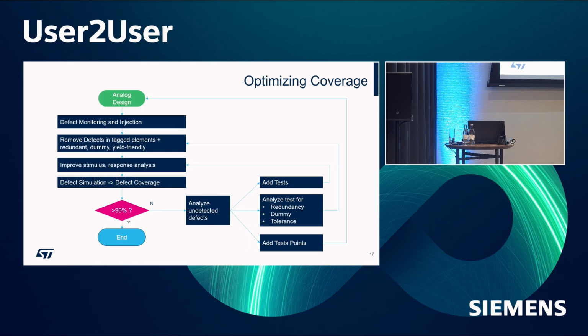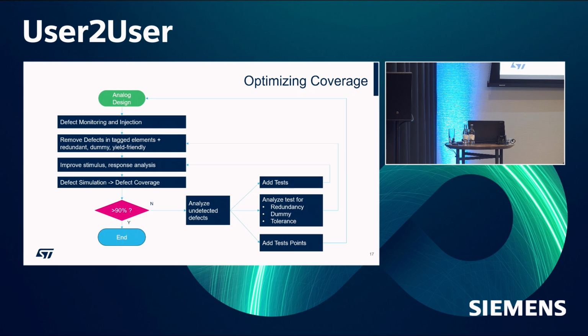We can also analyze our test suite for redundancy. As I said, more tests is not more accuracy, is not more coverage by default, but just if these tests are not redundant with each other.